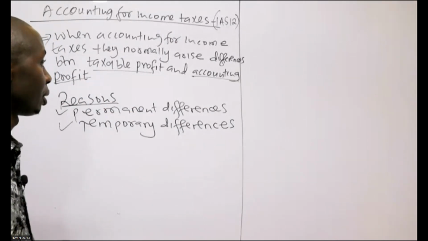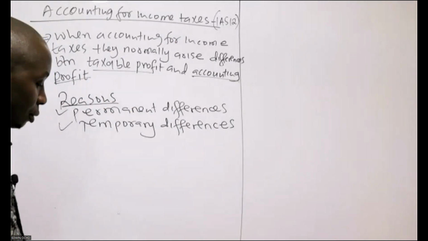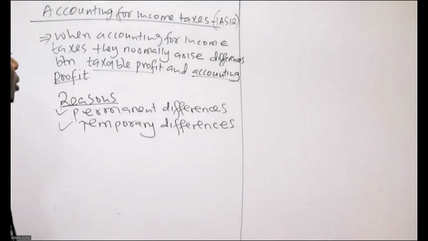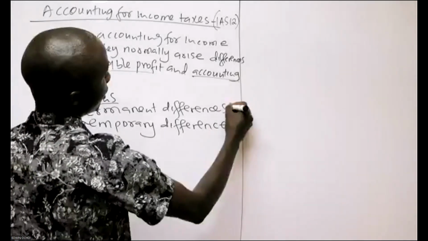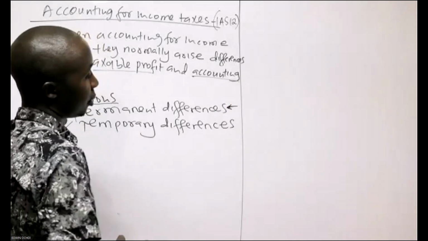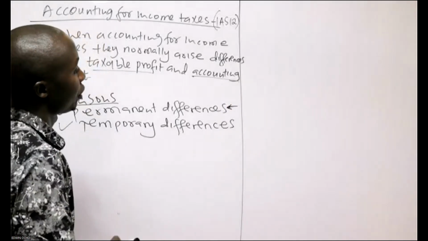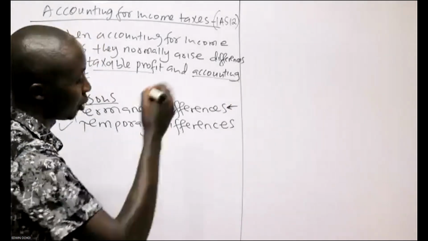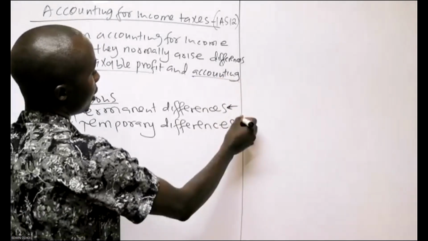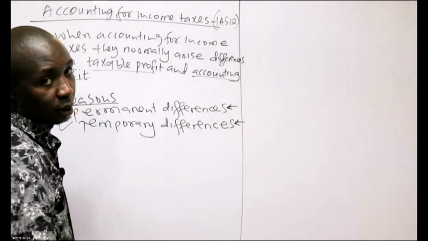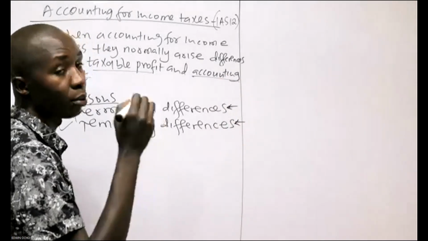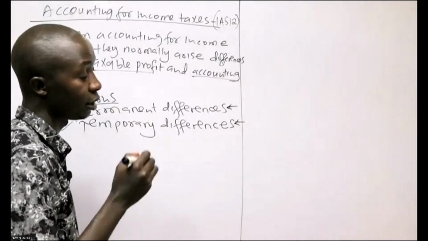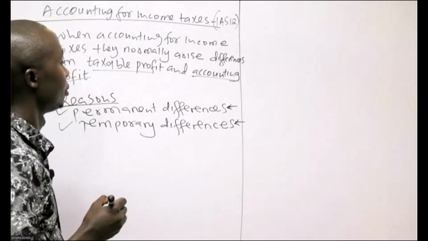So you have understood that under permanent differences, an item is considered in one profit computation but ignored in the other. In this scenario, it's all about time: they are considered in both profit computations, but in different time periods.